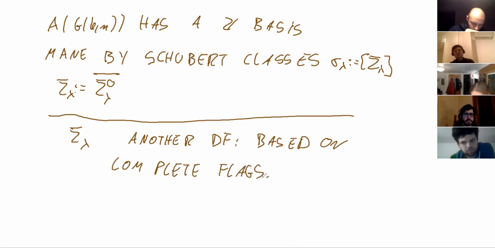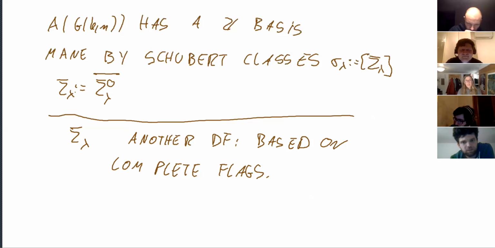Sometimes this other definition could be good for exercises. For the sake of time, I will skip it, but please take a look if you have 15 minutes after the lecture.